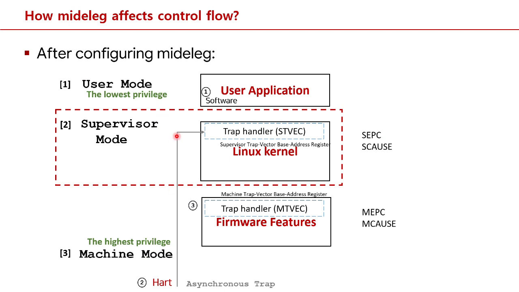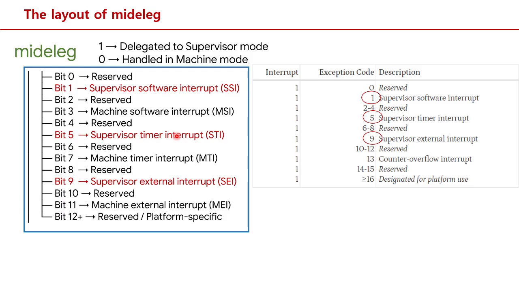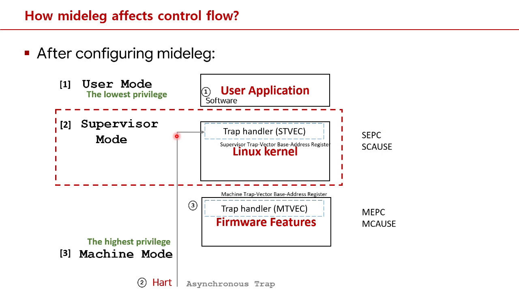So in the Linux operating system, it is important to think about how a trap is delegated to the supervisor mode. The important point is that in the RISC-V architecture, by default, all types of exceptions and all types of interrupts are taken to the machine mode. This is the default operation.